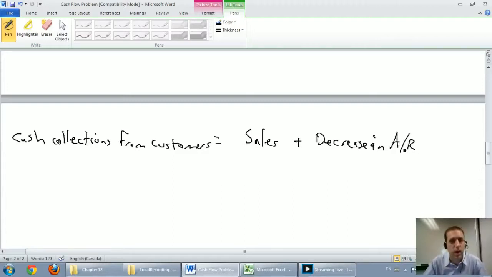Sales plus decrease in AR. So now a lot of times people say, and let me just put this in brackets, minus increase in AR.